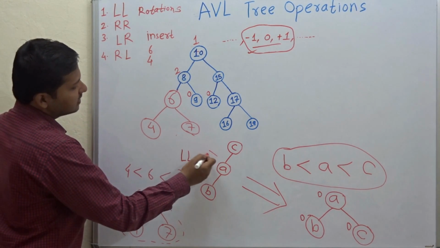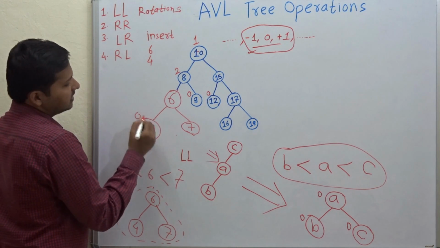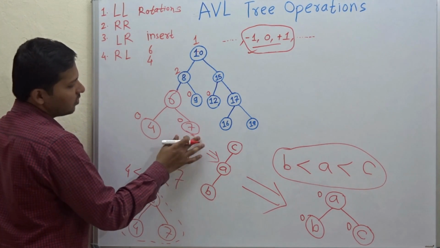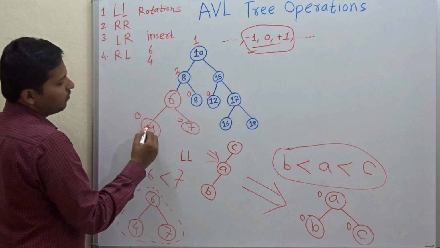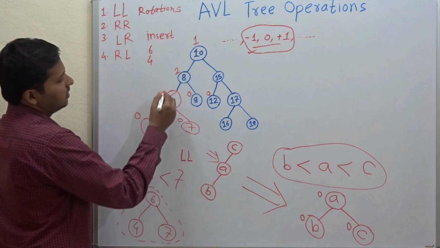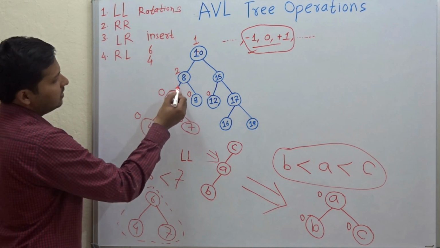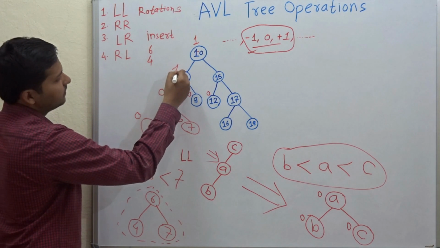So the balance factors are here. See, for this it is 0, for this the balance factor is 0 because there is nothing on the left child and right child. So for 6, 1 minus 1, so that is 0. For 8, see, 2 minus 1, so that is 1.